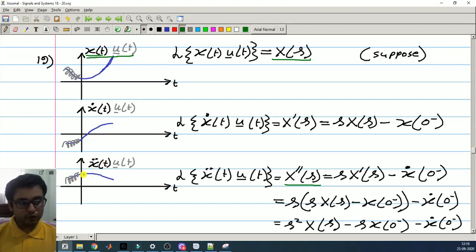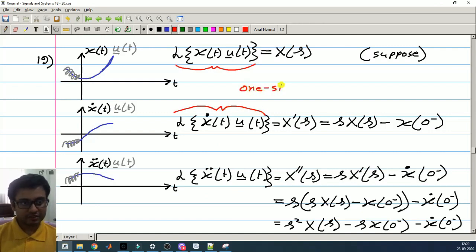You will get back only the right side portion starting from t equal to 0, and the left side portion before t equal to 0 will become 0 completely. That is because these are one-sided Laplace transforms.